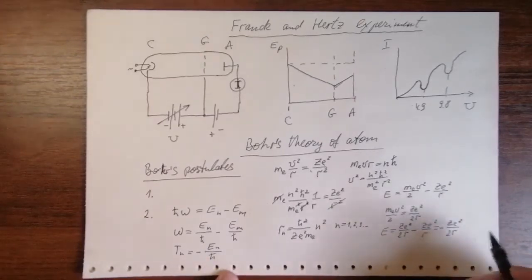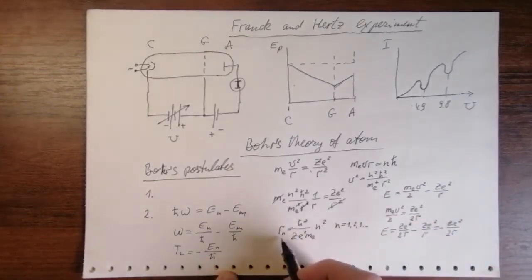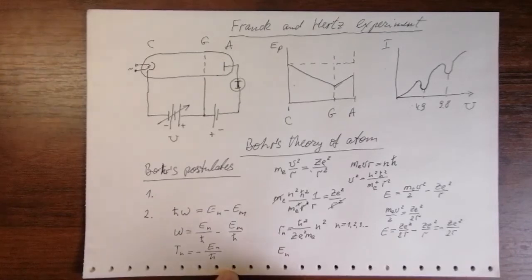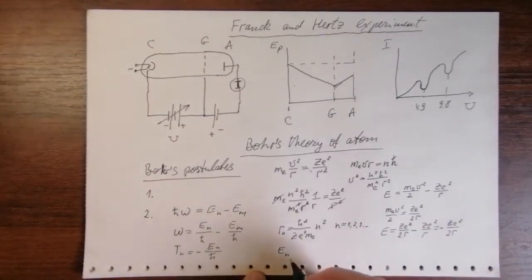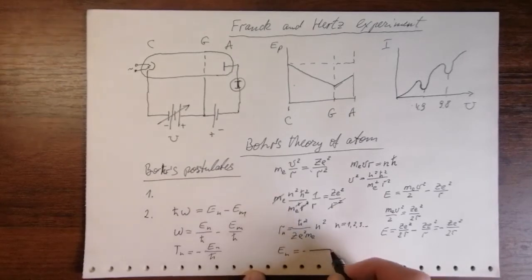Now we can substitute r from here, and then we obtain discrete energy because r is discrete, so energy will also be discrete. And if we substitute this for r, we have that this energy is minus z squared e to the 4 me over 2 h squared n squared.